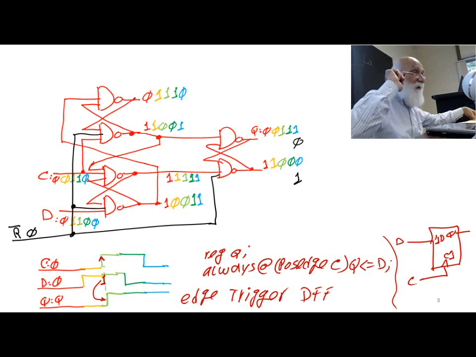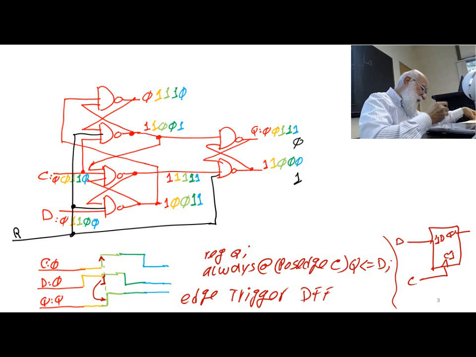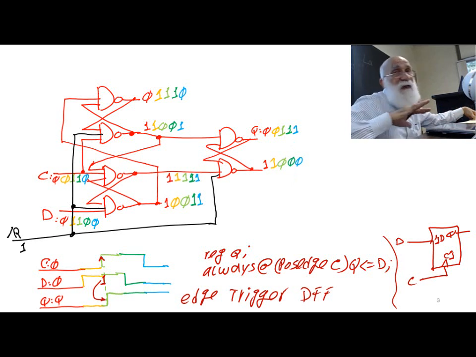Now see how the black line affects. As long as this black line, which is my reset, and I'm not going to use a bar, I use a slash, meaning active low, as long as this is a 1, because these are all NAND gates, a 1 on the inputs of the NAND gates does absolutely nothing. So the outputs are as they are.